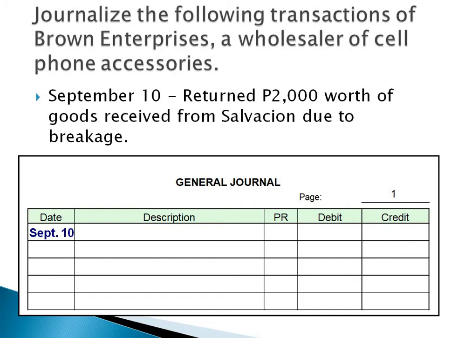Of Brown Enterprises. With regards to its relationship with Salvacion, who is Brown? The buyer or the seller? The buyer. Because it says here, returned 2,000 pesos worth of goods received from Salvacion due to breakage. Brown Enterprises returned the goods it had previously received from Salvacion because Brown had purchased those goods.